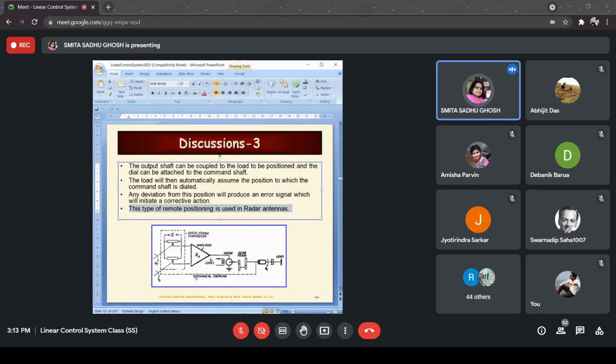Basic in the sense that manually this angular shaft position is being changed, and accordingly the output shaft or the load shaft is following the command. So if that is the way it is done, you would be able to use such a system for remote positioning, which is used in radar antennas.